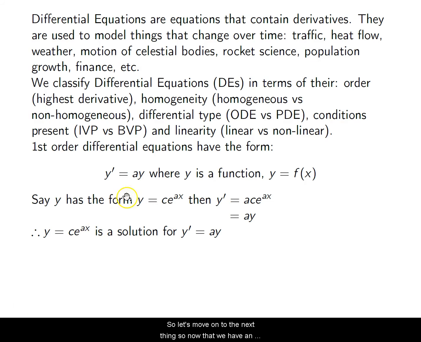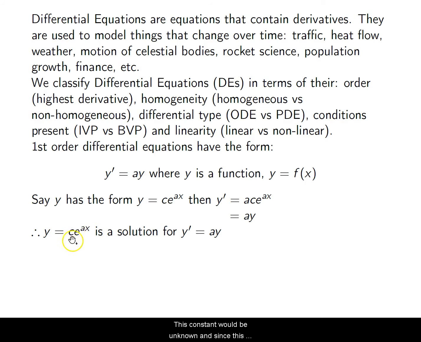All right. So let's move on to the next thing. Now that we have an idea of what the solutions look like, let's talk about these initial conditions. Okay, these are important. Generally what happens is, let's say this is y prime equals 3y, for instance. Then my solution here would be y equals some constant times e to the 3x.